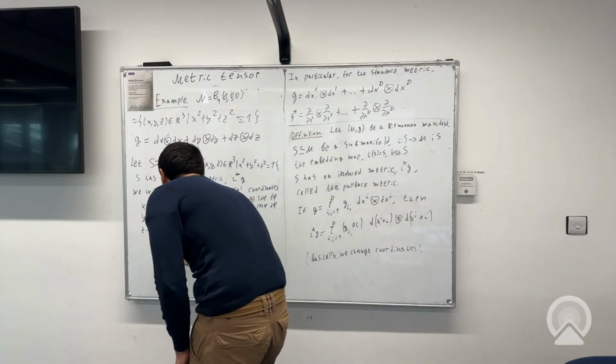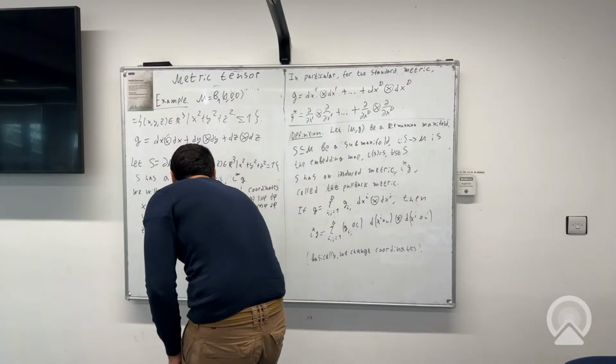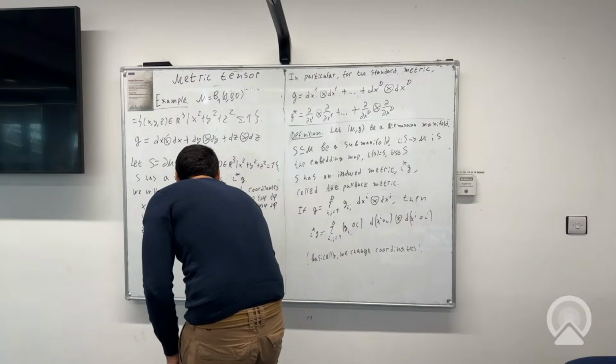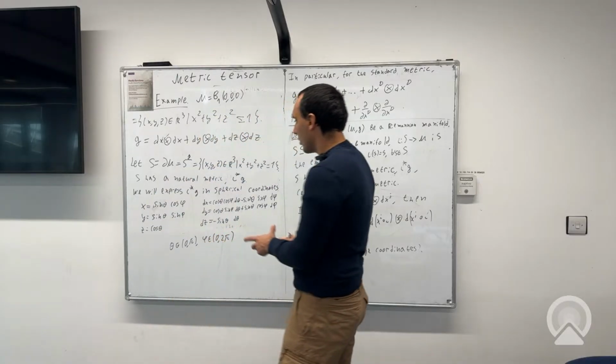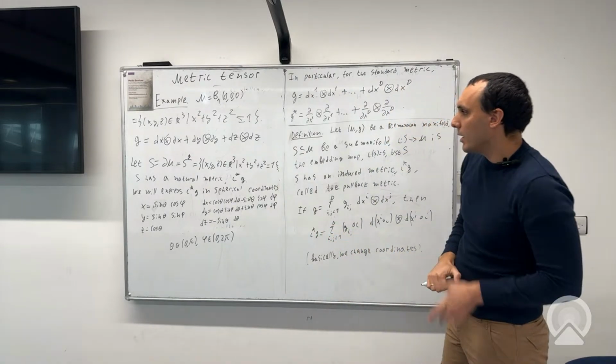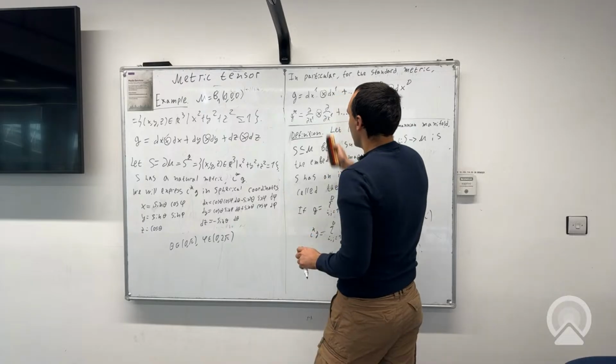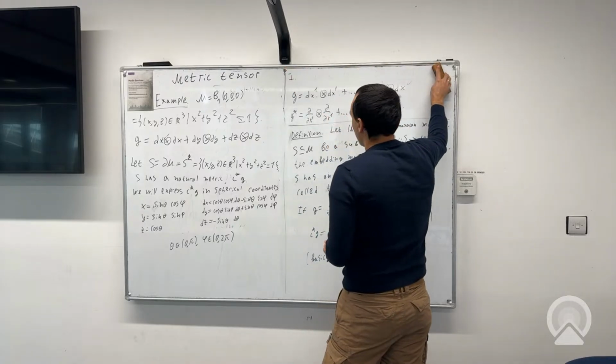Here theta is from 0 to pi and phi is from 0 to 2 pi. So it is not global. We exclude the Greenwich meridian, but we'll show locally how it looks in this particular coordinate system.